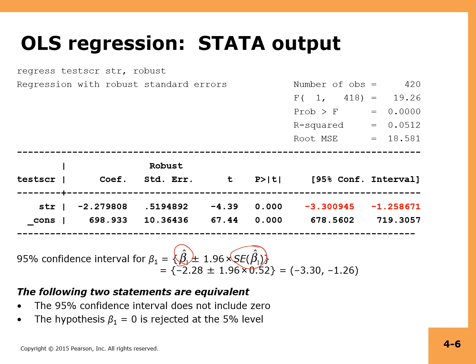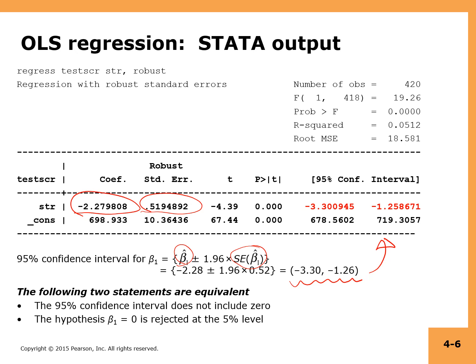These numbers are all given in this data output. So the estimated coefficient is negative 2.28 plus or minus 1.96 times the standard error 0.52. And you can get this 95% confidence interval. You notice that this is also given in the data output, so you don't need to calculate this by hand.